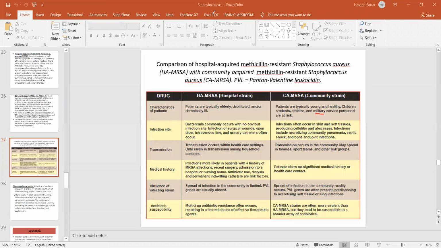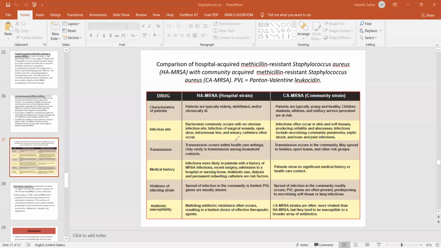So for the infection site of hospital acquired MRSA, usually the bacteria invade through a surgical wound, some ulcers, or maybe from a catheter, enter the body, and then cause the infection. While community acquired MRSA mostly presents with abscess or cellulitis, like skin or soft tissue infections.